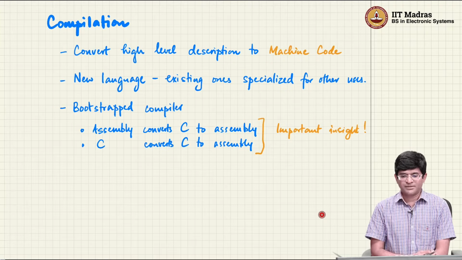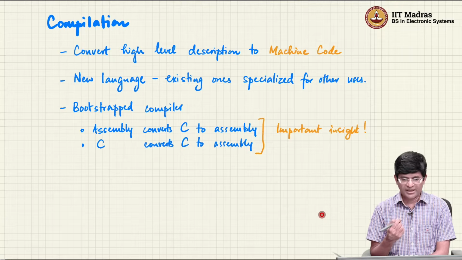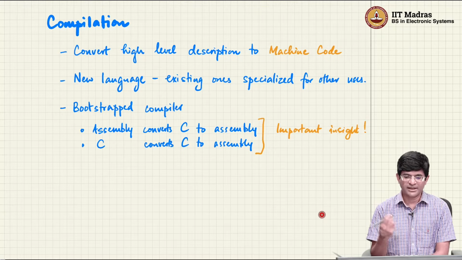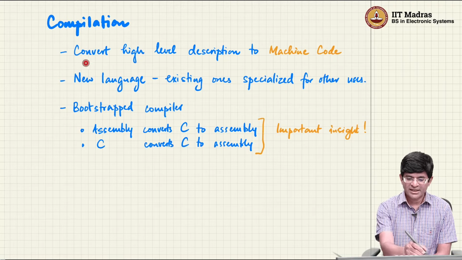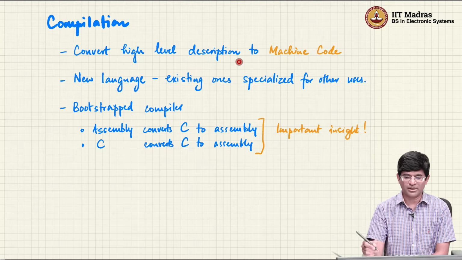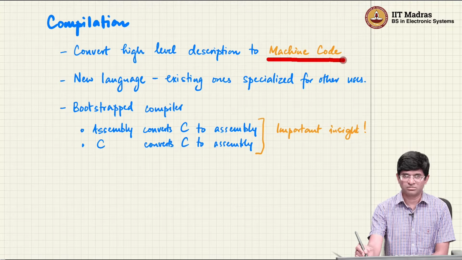With all of that, and the understanding that you have this process called compilation, which we'll talk about in more detail later: compilation essentially says that it can take a high level description in some language and convert it into what is called machine code, which is the exact set of operations that runs on a given processor.